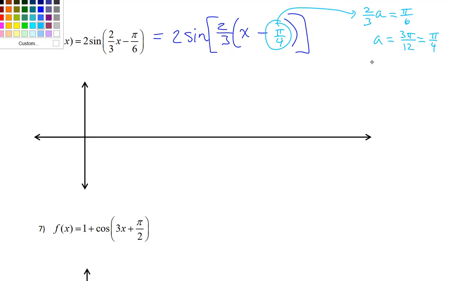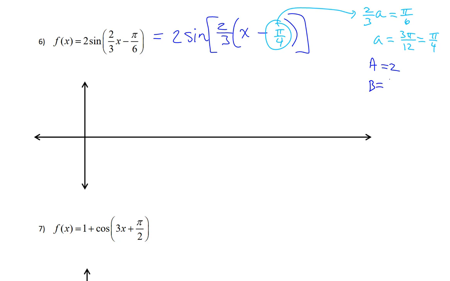Let's note a couple things. First of all, we know that a is 2. Now it's positive 2, so there's no vertical reflection here. And that'll change the amplitude, of course, by multiplying by 2. Now we have a b value of 2/3, the value we factored out, and that means our period is 2 pi over b, which is 2/3.